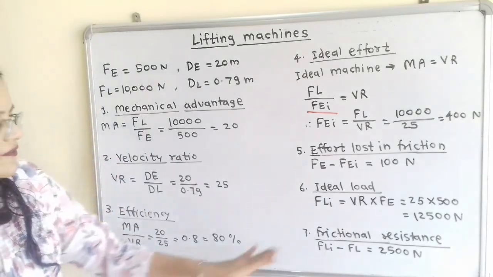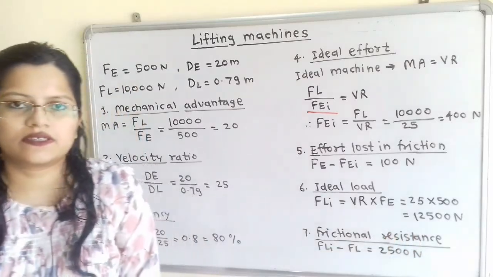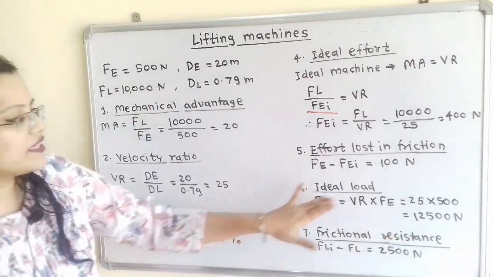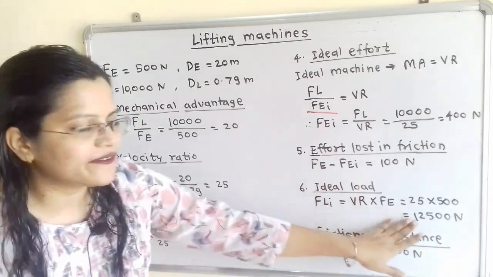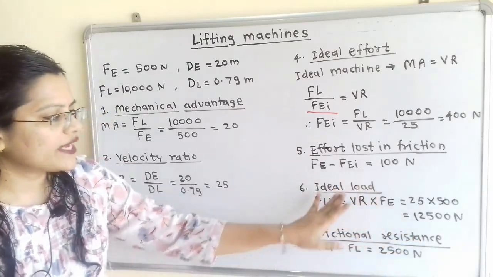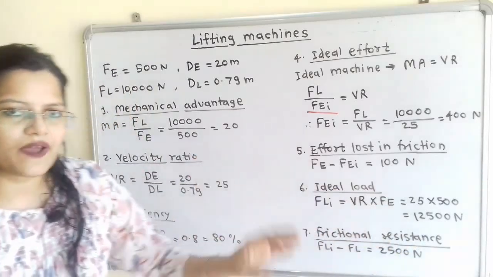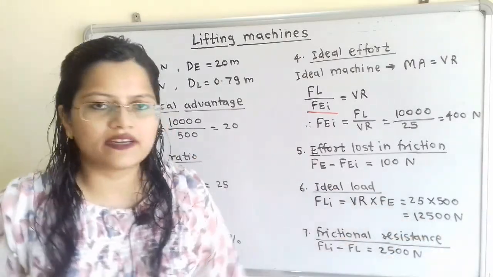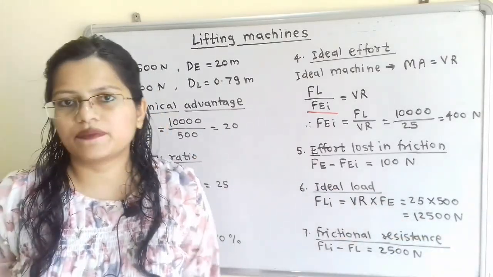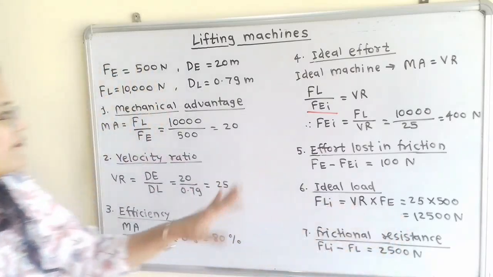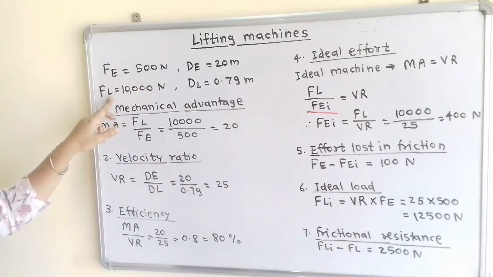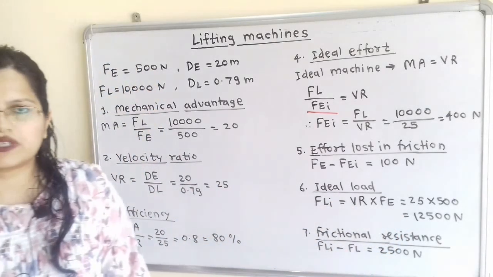Now the question is frictional resistance. We know that for the ideal load, there is no friction, and that's why FLI, the value of load for the same machine, is 12,500 Newton. But when the friction occurs, then FL is 10,000 Newton.